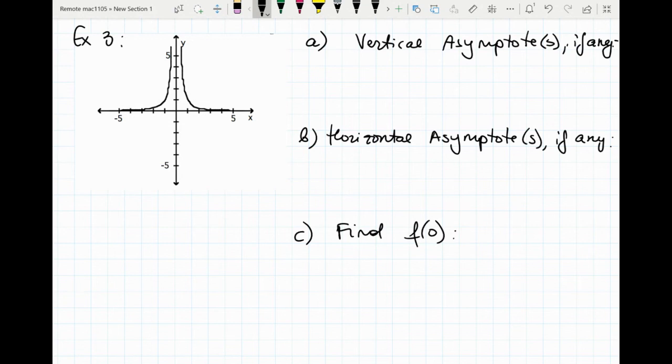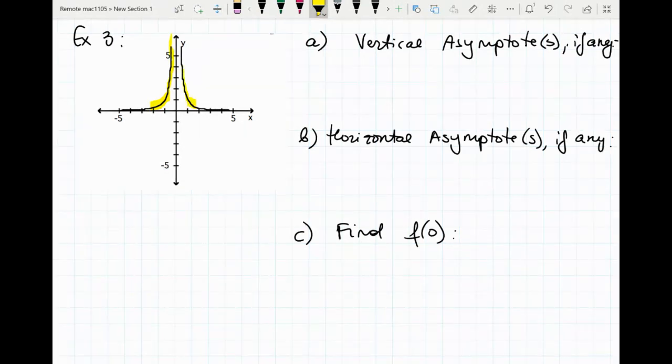So notice there are no dotted lines at all in this case. So we're going to have to figure out on our own where the asymptotes are. So again, we pay attention to the behavior of the branches. So we have two branches of the graph. Let's first try to identify any vertical asymptotes. So what are you noticing? Vertically, what's going on? This branch is trying to get as close as possible, right, to the y-axis.